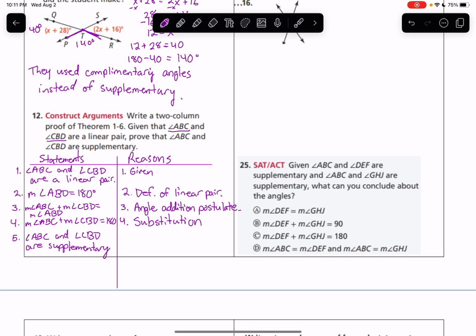And we ask ourselves, what's the connection between two angles being added together to be 180 degrees and two angles being supplementary. That's the definition of supplementary angles.